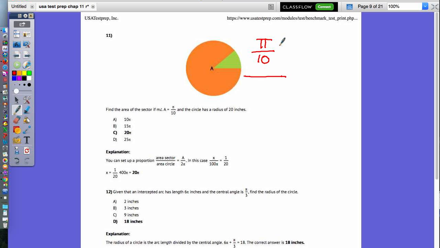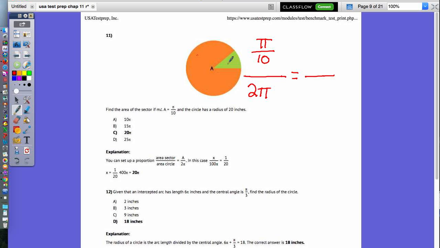Since the measure of the central angle is in terms of pi, that's radians. And there are 2 pi radians in a circle. If this were degrees like we did for homework, the degrees of the central angle would be here, and this would be 360. But it's radians. So the measure of the angle in radians over the total circle in radians.